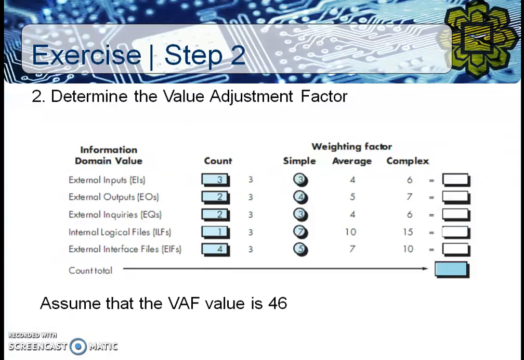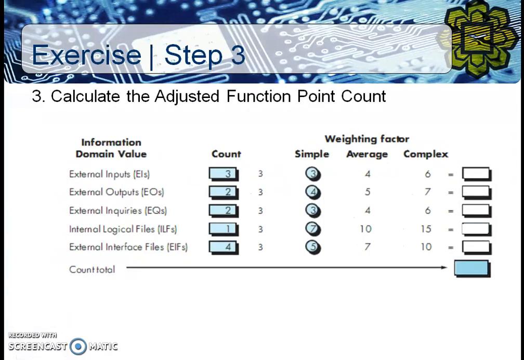The second step is to determine the value adjustment factor. Let's just assume that the value adjustment factor for this example is 46, because we need to have all those values for the 14 characteristics. Then the final step is to calculate the adjusted function point count.